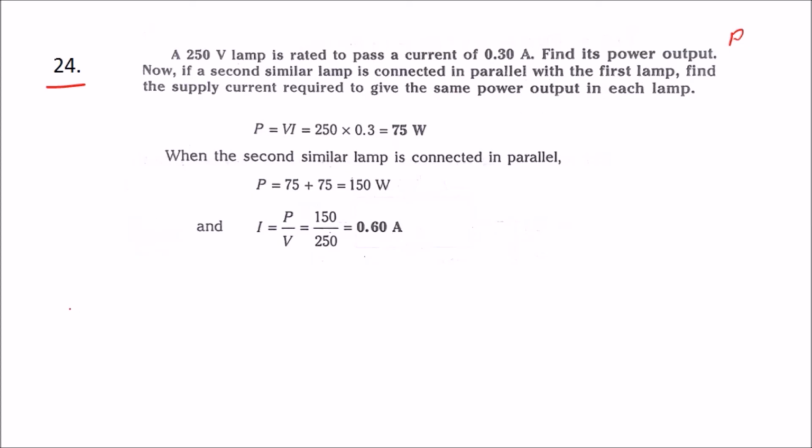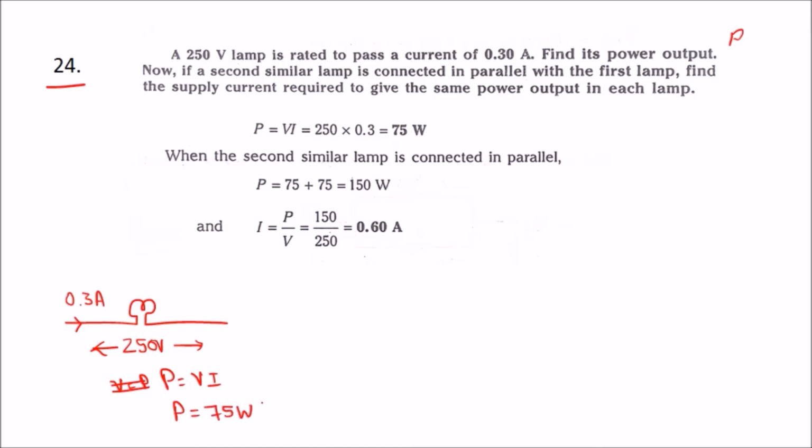First, for the 250 volt lamp, the current is given as 0.3 amps. So we have to find P, which is V into I, that is 75 watts.